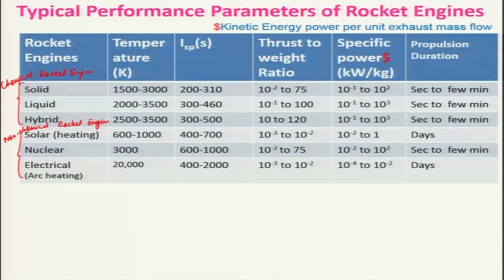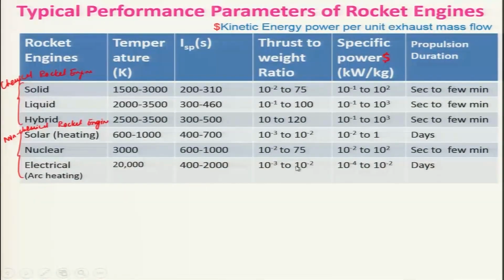And whereas the nuclear, the temperature is 3000 and ISP is much higher as compared to the chemical rocket engine, whereas electrical arc engines are at a temperature of 20,000 Kelvin, and the ISP is much higher, on the order of 2000 seconds. But you can see that the thrust to weight ratio is very low, and so also the specific power, particularly for electrical arc engines, of course one can operate for days together.